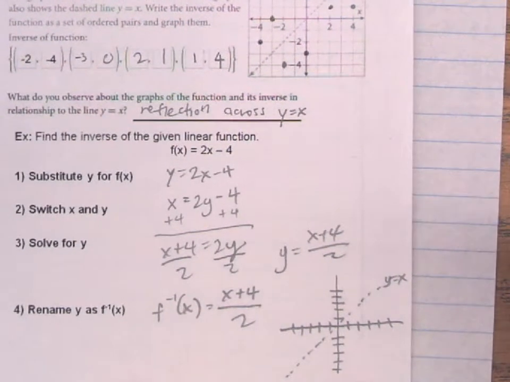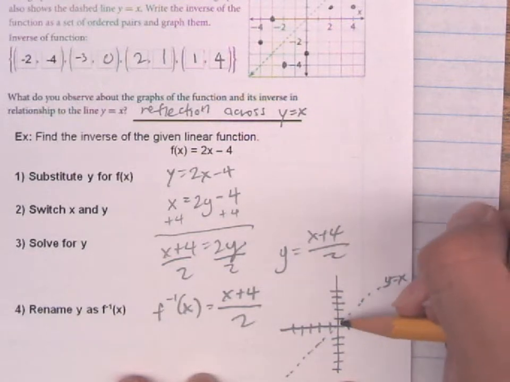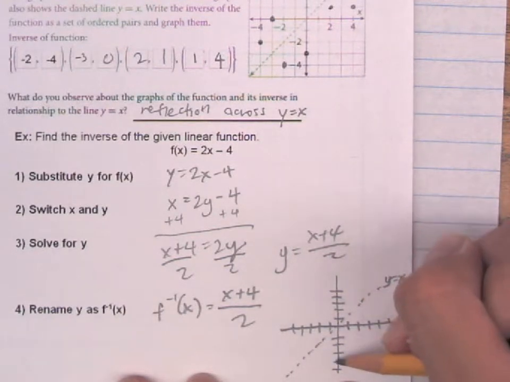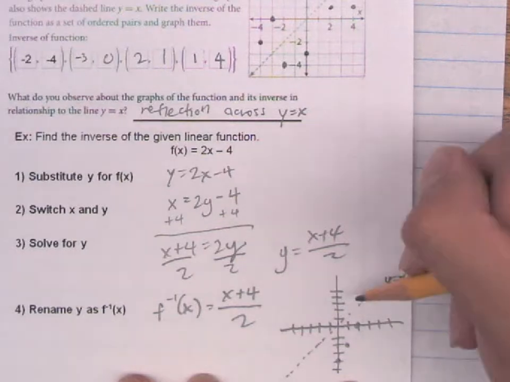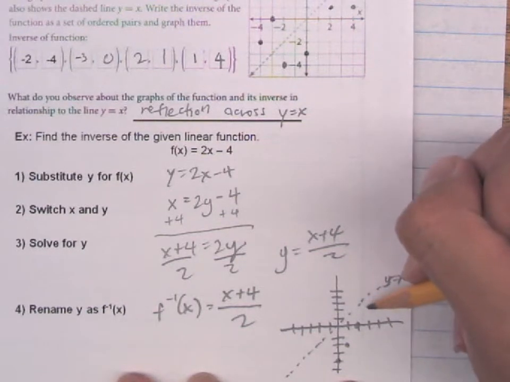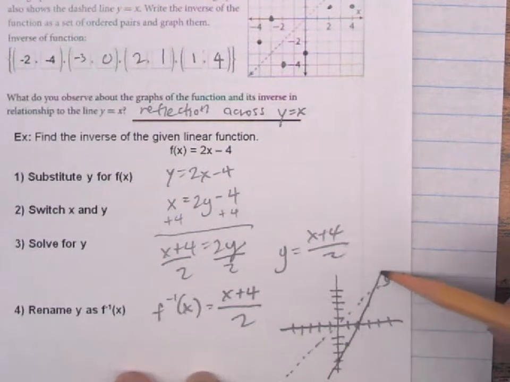Let's plot 2x minus 4. My y-intercept is negative 4, and I'm going up to the right 1, up to the right 1, up to the right 1. Sorry, I'm just freehanding it. It looks something like that.